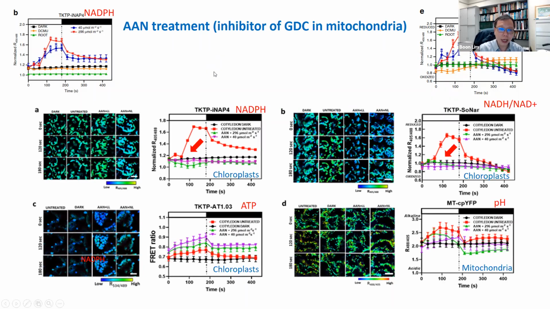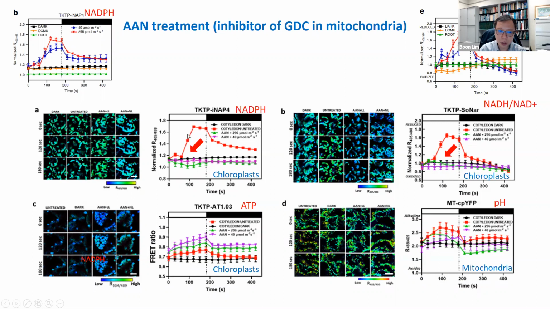Then we use an inhibitor called AAN to inhibit the glycine decarboxylase in mitochondria. We can see that if we add the AAN, the increase in chloroplast NADPH and the increase in chloroplast NADH-NAD ratio disappear.